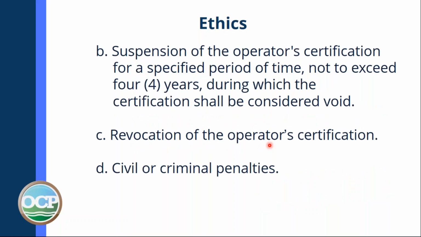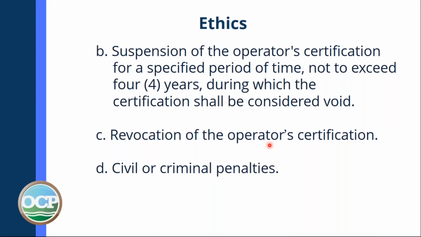Your certification could be suspended for a specific period of time, again, not to exceed 4 years, during which your certification is invalid. That means you cannot be in responsible charge of a water plant. You can still work there, but you can't be in responsible charge of a plant. Your operator's certification could be completely revoked.